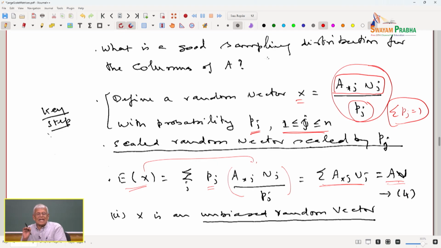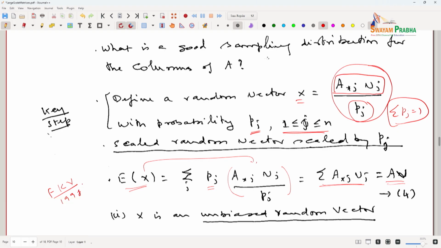So in 1998, FKV, 1998, you remember FKV, Frieze, Kannan and Vempala, 1998. This is the idea that was first expressed in their 1998 paper. So FKV is an important paper in the analysis of randomized algorithms.